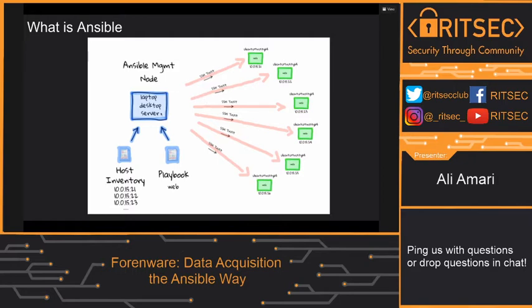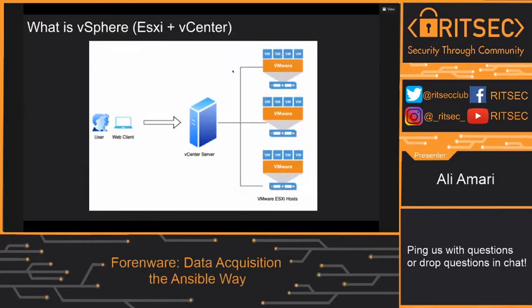As you can see here, this is your laptop. You have something called inventory, which is the IP addresses of the hosts you want to deploy the tasks to, and then the playbook, which is a collection of tasks. And you run them using SSH. If you don't have SSH running, let's say Windows, you can use something called WinRM, and you can deploy to Windows as well. So that's Ansible.